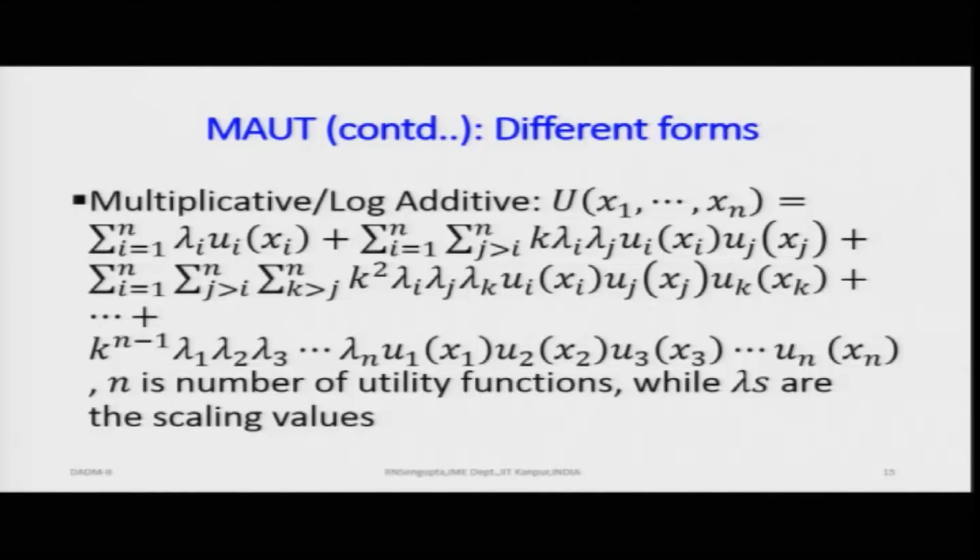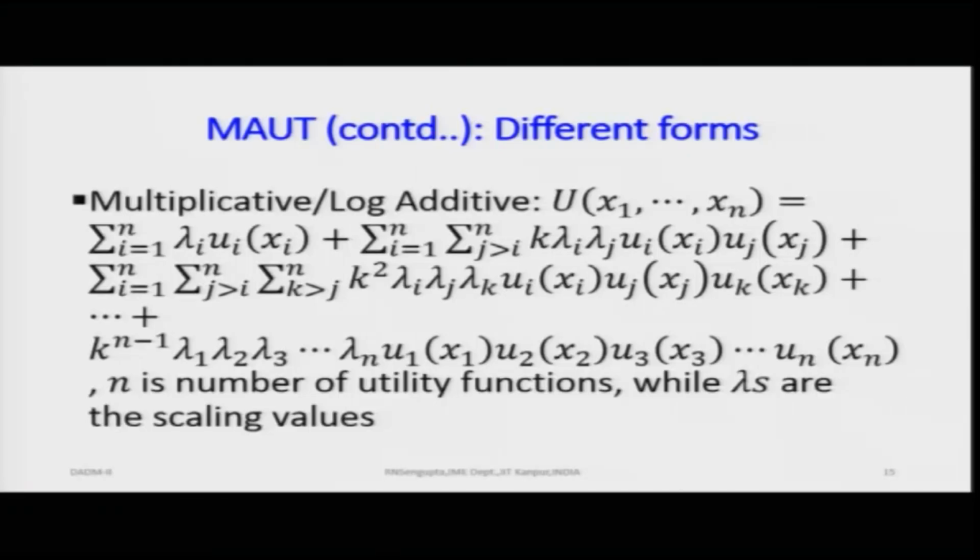So, this is taking one at a time. When you take two at a time, if there are n of them, it will be NC2. The combinations are u1 with u2, u1 with u3 till u1 with un. Then you will take u2 with u1, u2 with u2, u2 with u3, similarly the last one u2 with un, and so on and so forth.